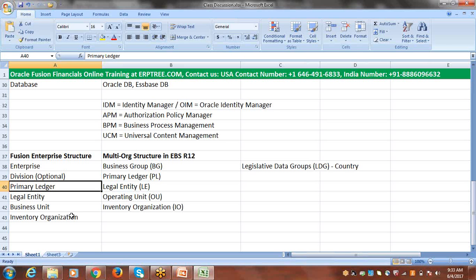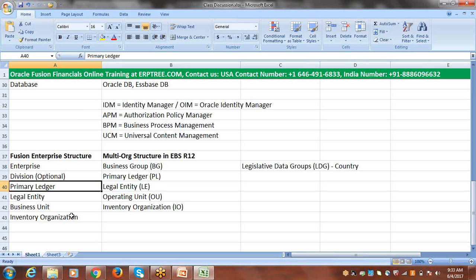Apart from that, if they want to represent how their enterprise structure will be running, they can have a division at enterprise level also. Just having it at enterprise level is not enough; the same you have to map to your chart of accounts. If you are operating the business with global operations and have a division concept, you have to make sure you have a generally common chart of accounts, so that exactly the division definitions you have in the enterprise can be mapped into the chart of accounts.